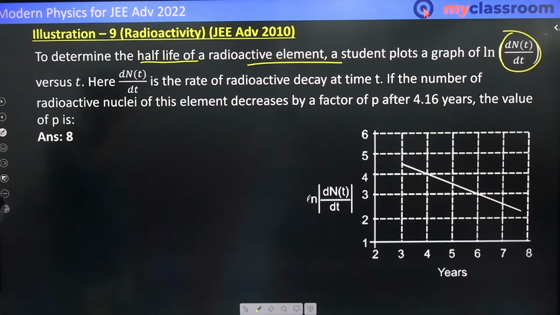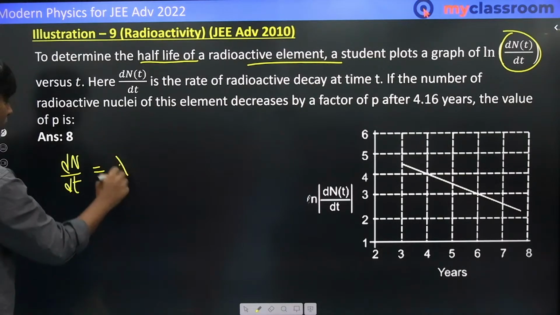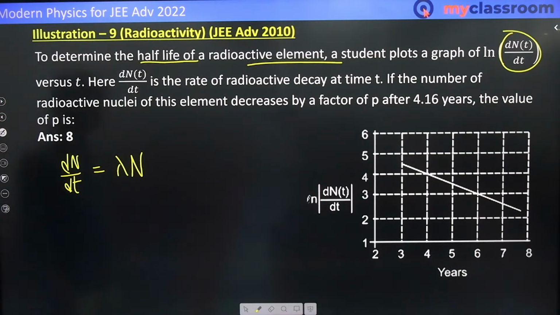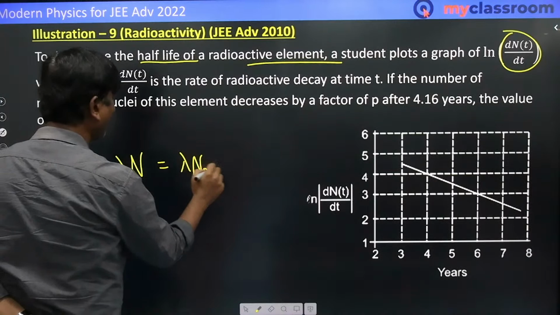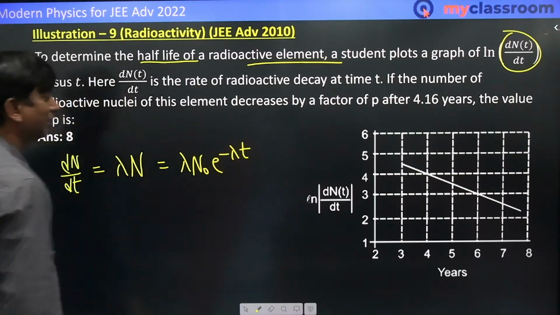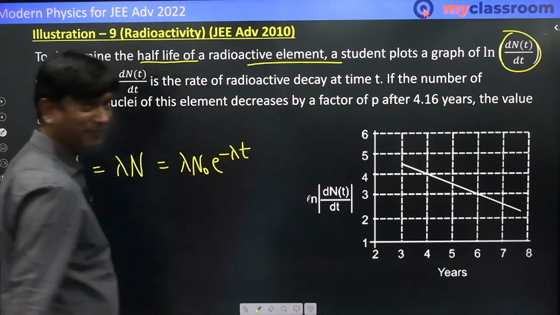First of all, the rate of disintegration dN/dt, we know that is lambda N. Yes or no? But they are asking with respect to time, and here time is not there. So let us write lambda N as lambda N naught e to the power minus lambda t, because you want the relation between this and time.